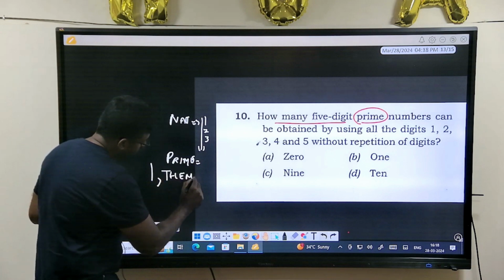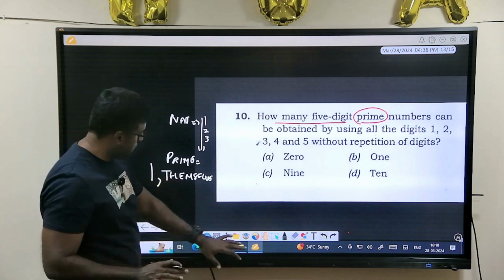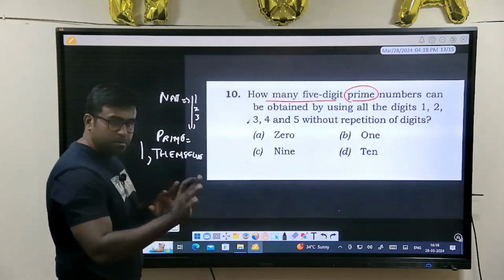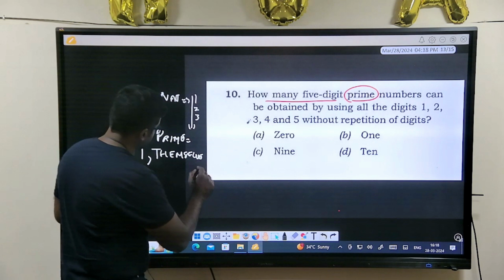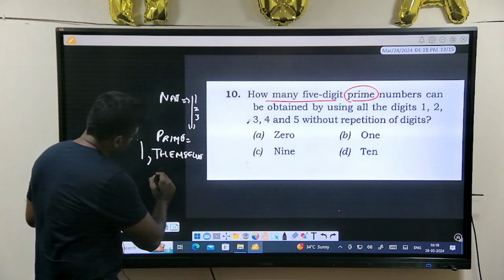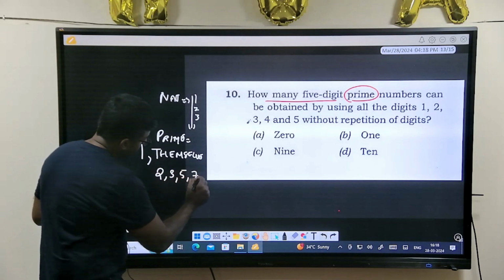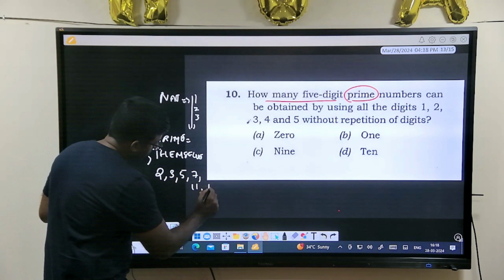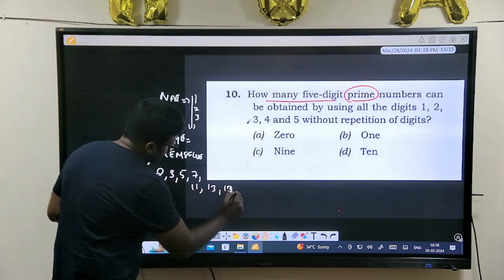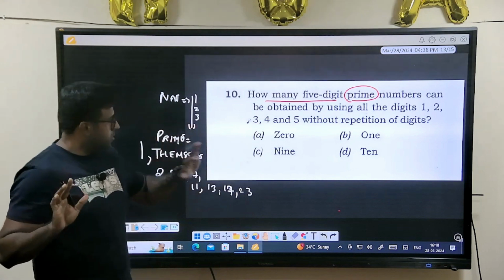So 1 is neither prime nor composite. So what are the prime numbers? You see here, 2, 3, 5, 7, 11, 13, 17. It keeps on going. Okay, so these are the prime numbers. This is the basic of this.